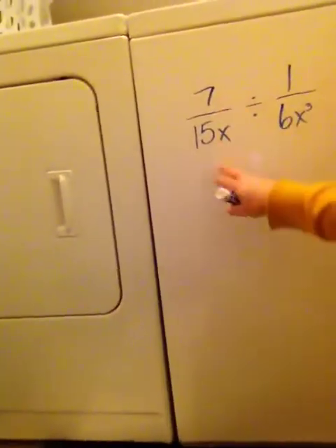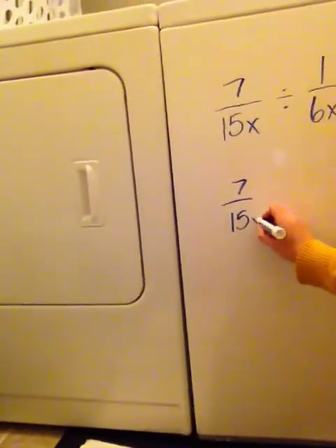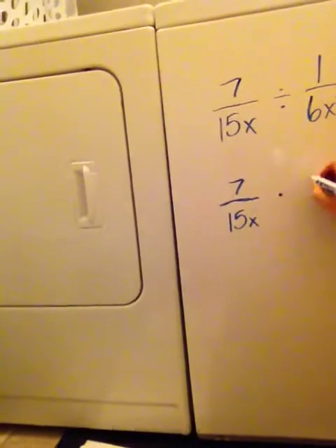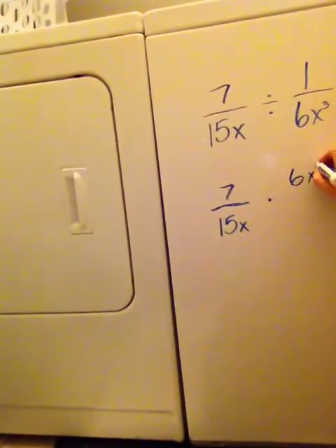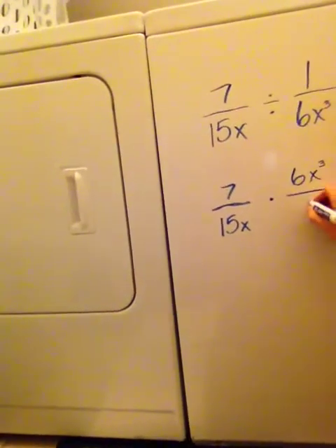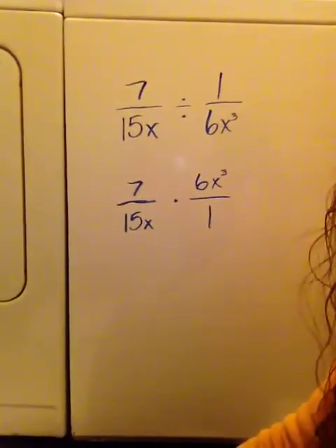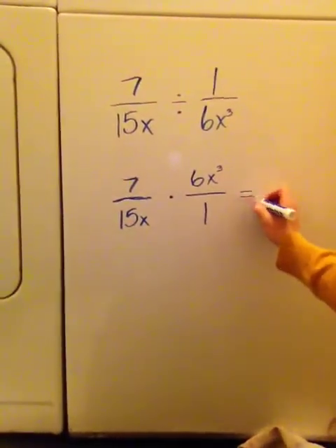So 7 over 15x, we don't change that. We just change our division to times by the reciprocal, so 6x to the third over 1. Then I multiply straight across.